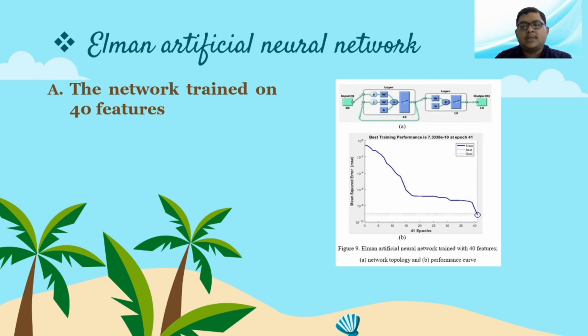The training process took 35 minutes and 33 seconds to reach a state of stability after 41 epochs. This network recognized faces 98.33% correctly. Figure 9b shows the MSE performance curve.